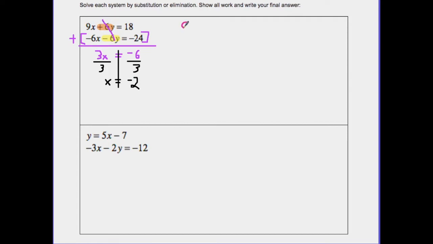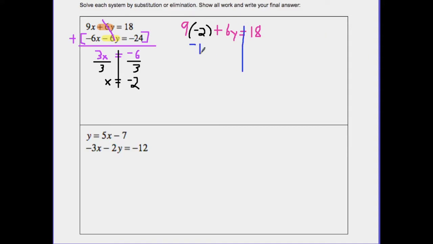I usually like to choose ones that have less negative signs if possible. So 9 parentheses -2. And then rewrite the rest of that equation. So I'm going to have a plus 6y equals 18. And then we'll go ahead and solve this.